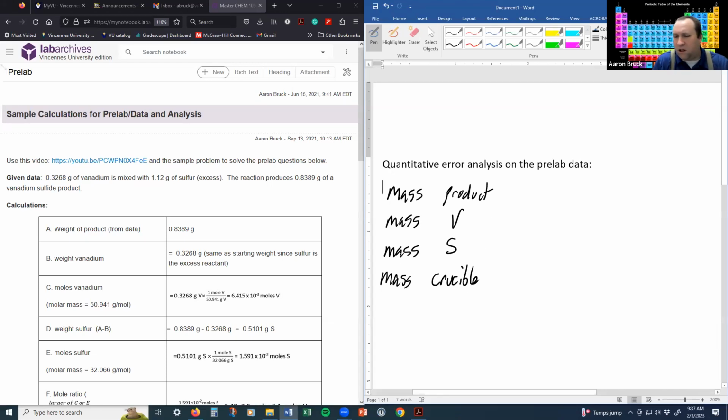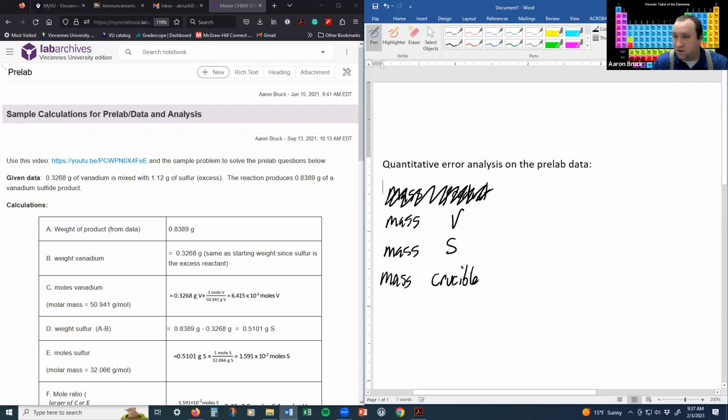So what are the relationships between all of these? The mass of the product isn't as important to us, because that's important to the secondary analysis where we're doing the mass percent calculations. But in terms of the empirical formula itself, we are looking at the mass of the vanadium and the mass of the sulfur.